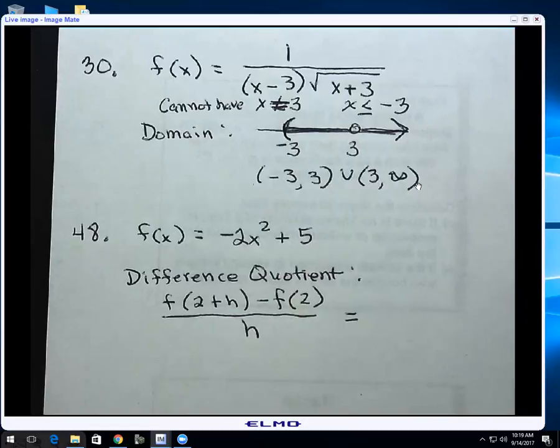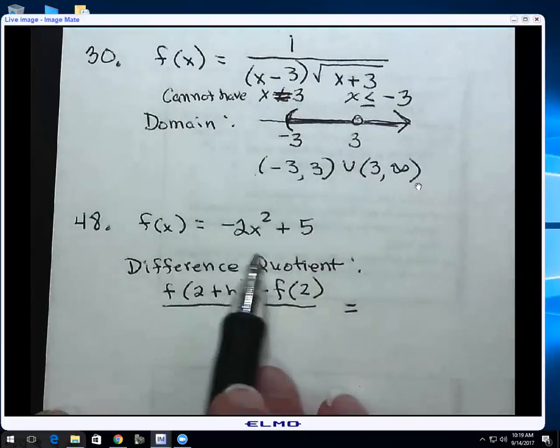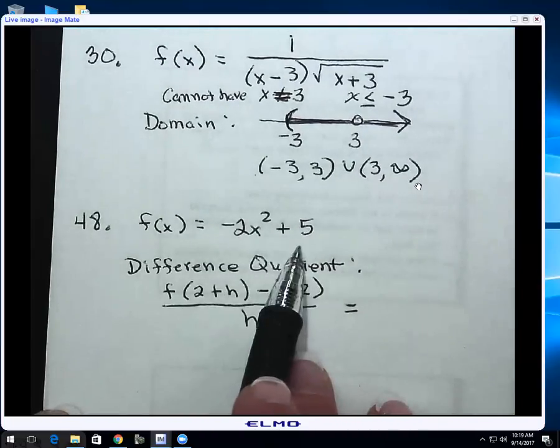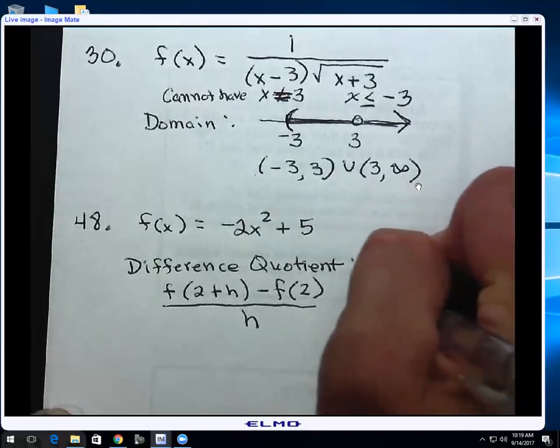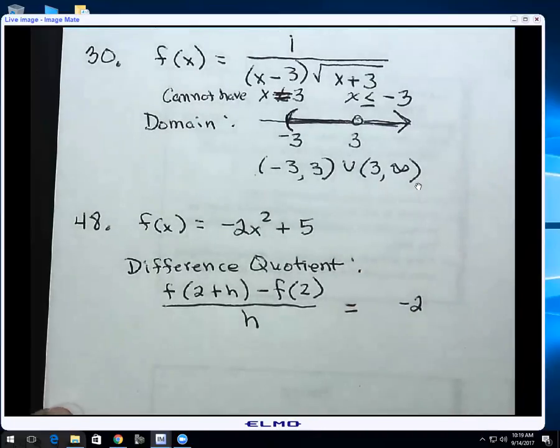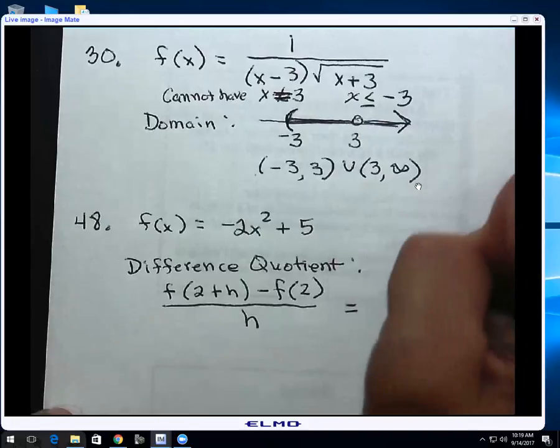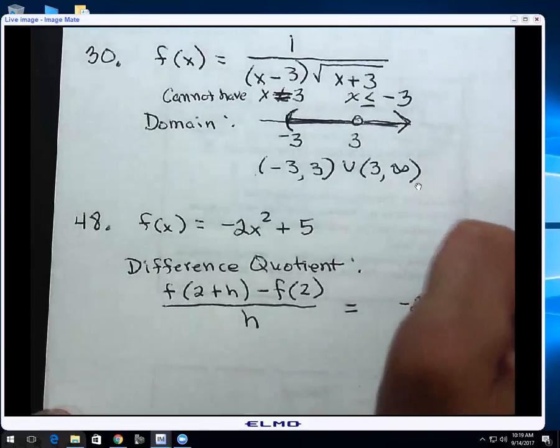What does f of 2 plus h mean? Put 2 plus h in place of all the x's. So that's the first part of the recipe. Put 2 plus h in place of all the x's in this function. That's going to be negative 2, and instead of x squared, I have 2 plus h squared.